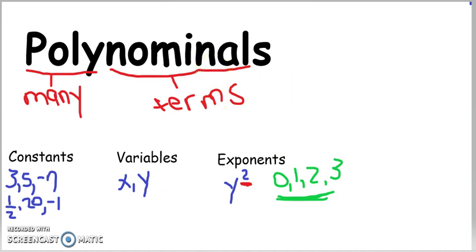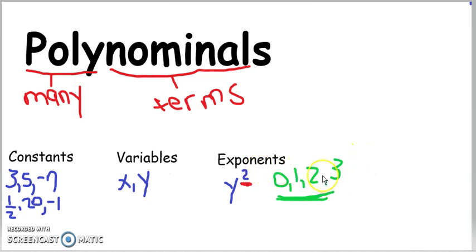Now, let's recap before we move a little bit further and I give you an example of a polynomial. We know that polynomial means many terms. Polynomials can have constants, which are numbers. They could be positive or negative or even in fraction form. Variables, which are letters that represent numbers, most commonly x and y, and exponents.